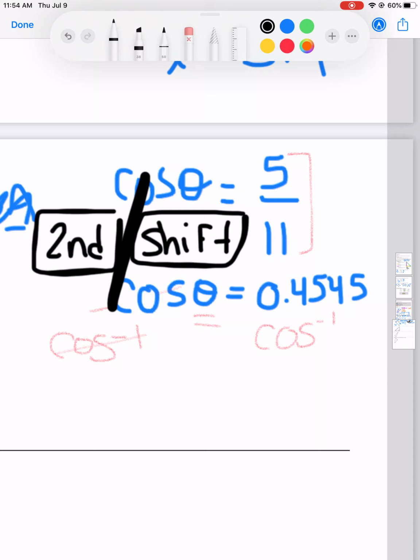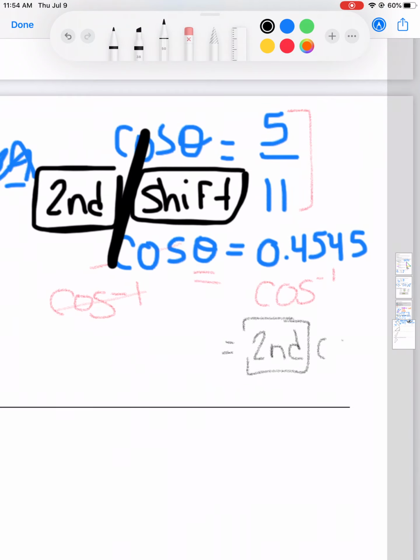So that's what I have to do. I have a Texas Instruments TI-30X IIS. So I'm going to do second, cos, and then 0.4545.